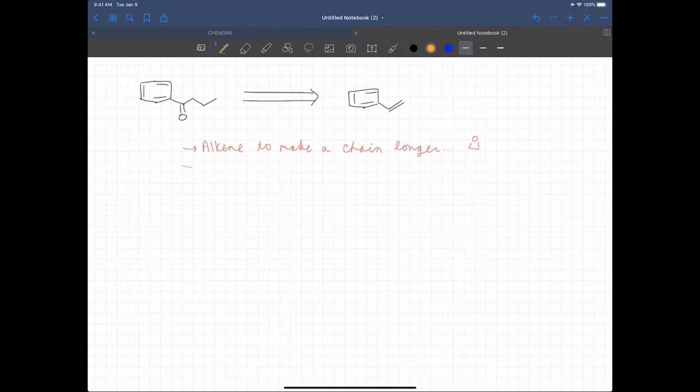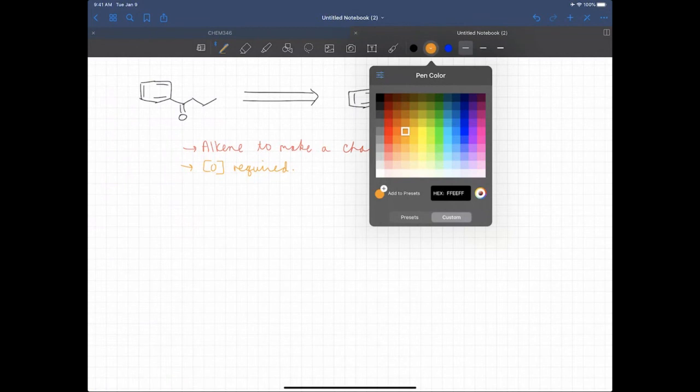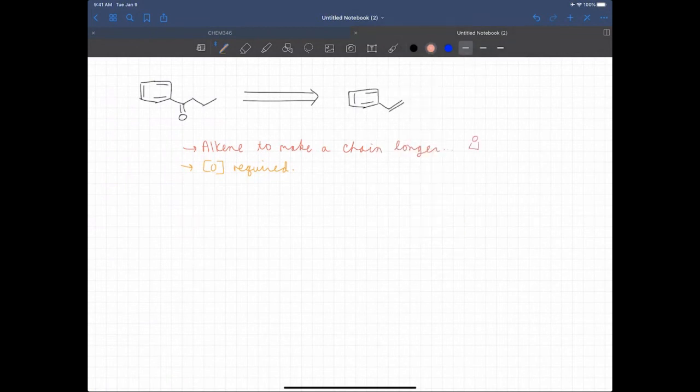Yeah, right? At some point. Also, how many more carbons am I adding? 2. 2 more C. Okay, and now since we know we're going to use an epoxide, are we going to use it under basic conditions or acidic conditions?